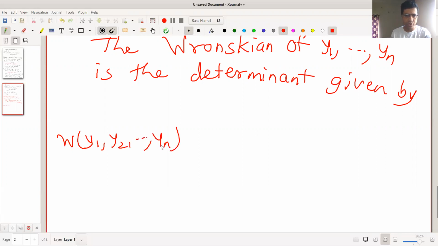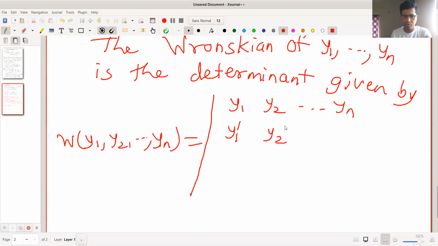This is the notation for the Wronskian, and it is the determinant whose first row is y1, y2 and so on yn. The second row is the derivatives of the first row elements, that is y1 dash, y2 dash and so on yn dash.